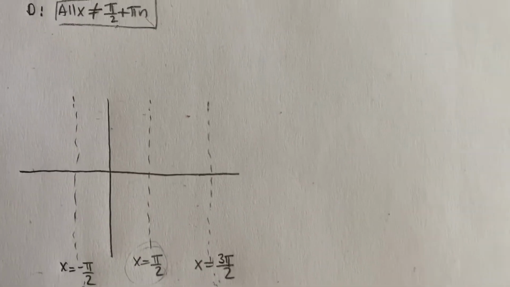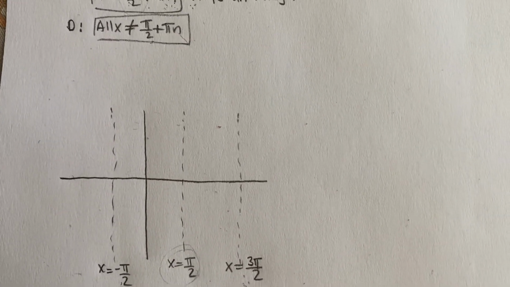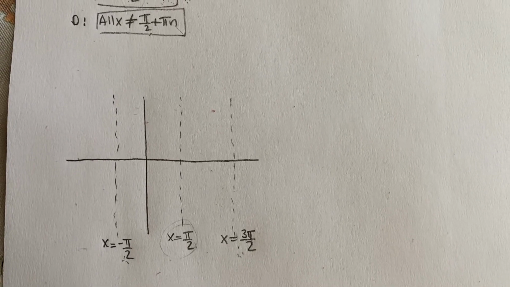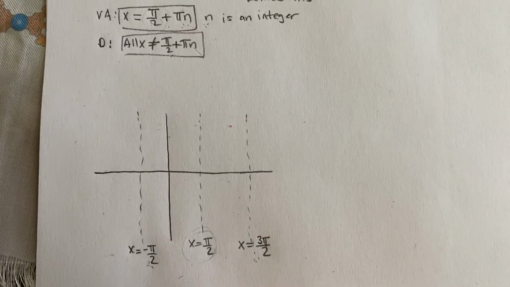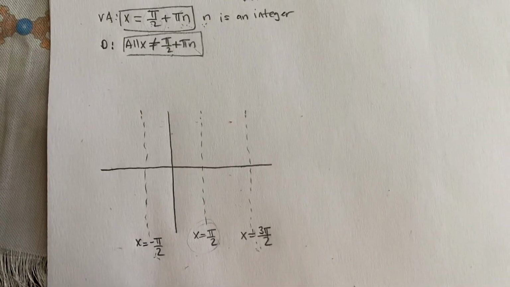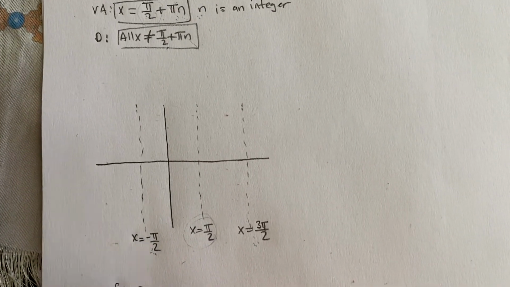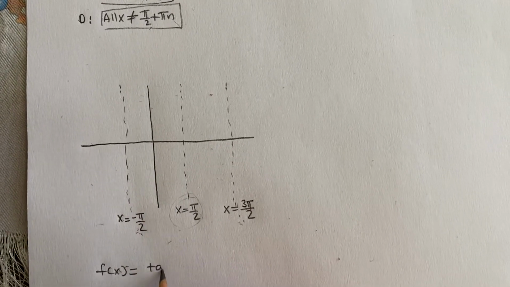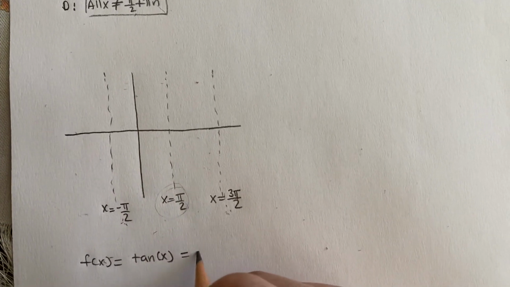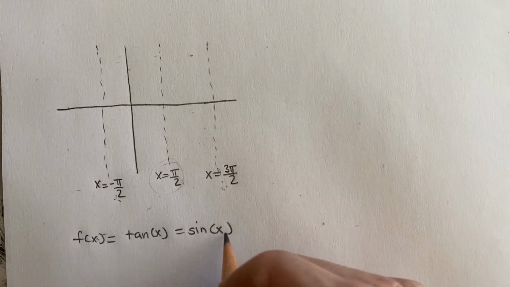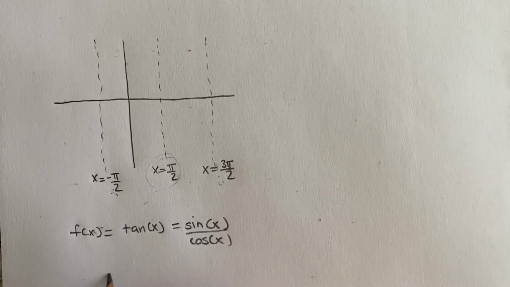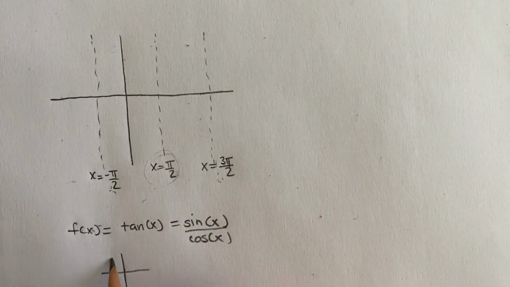All right, now, how do we actually graph this? Well, from here, I'm going to just plug in some points, okay? So I want to plug in some smart points in my function, f of x is equal to tangent x, which is equal to sine x over cosine x. And what are some smart points that I can plug in?